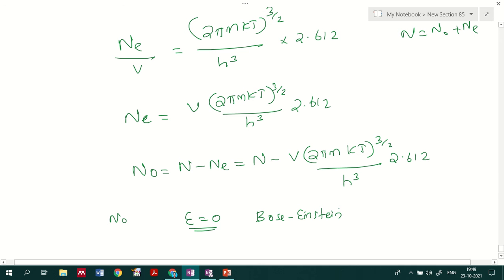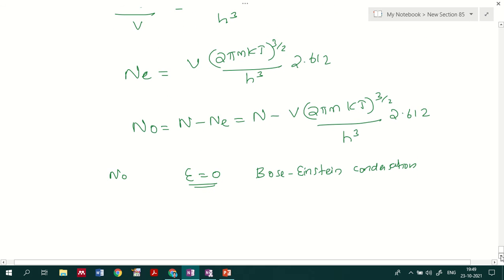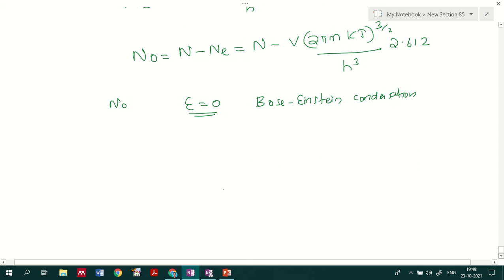That is, most of the particles will be at the ground state when you distribute the particles over the entire volume, because we know that for a larger volume there will be a large number of particles.